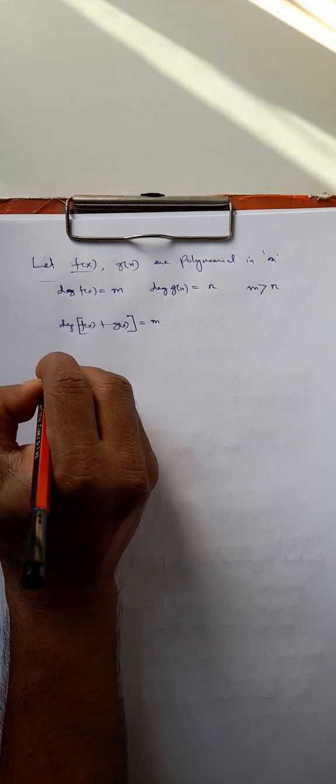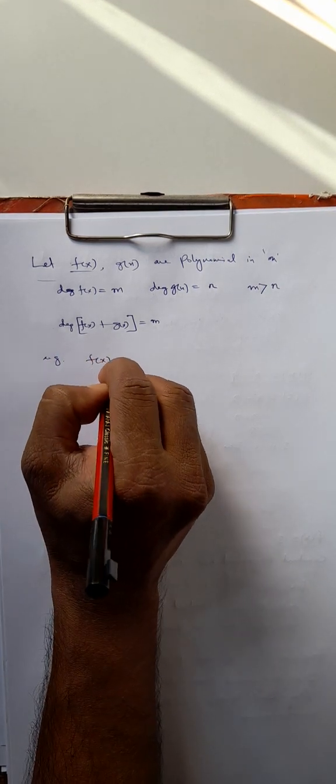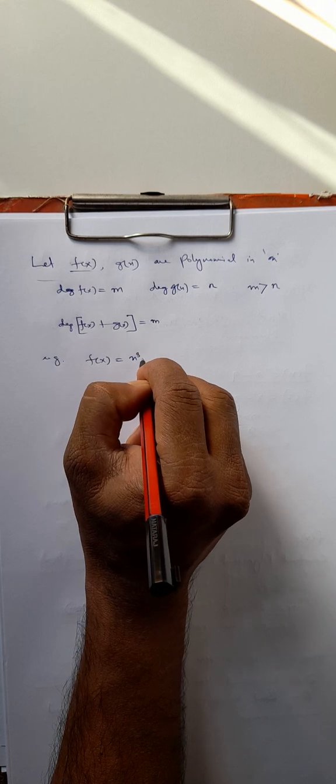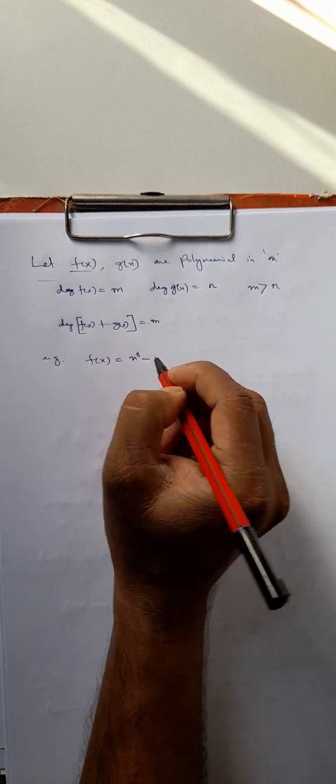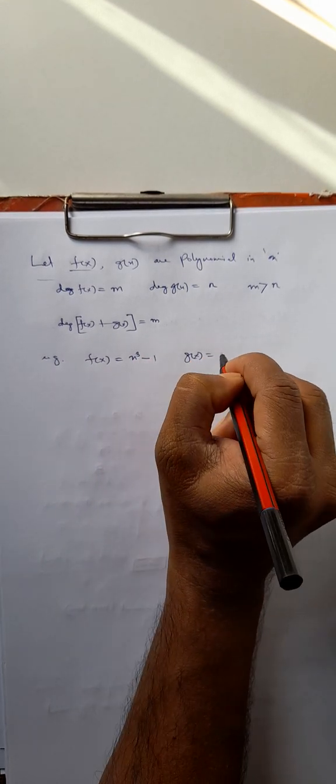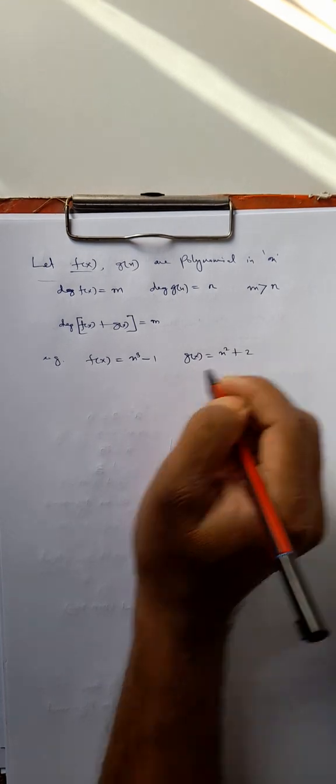For example, suppose f(x) = x^3 - 1 and g(x) = x^2 + 2.